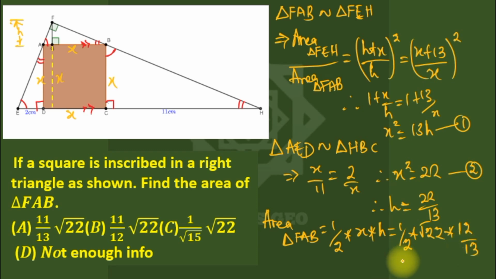So this is 22, not 12. So our answer will be 11 over 13 times root 22. So that's it. That's our answer, option A. That's option A. So it's a tricky one.